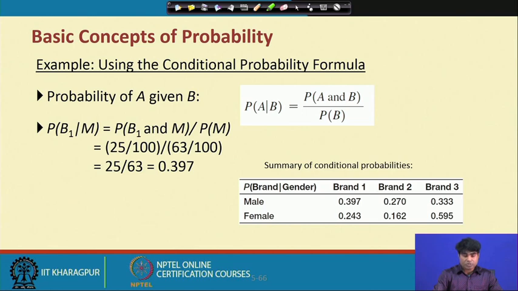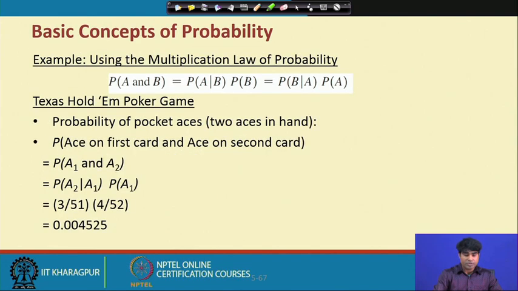This is the beauty of conditional probability. The same can again be used for complex environments and complex problems, for example, the probability of event A1 and event A2.